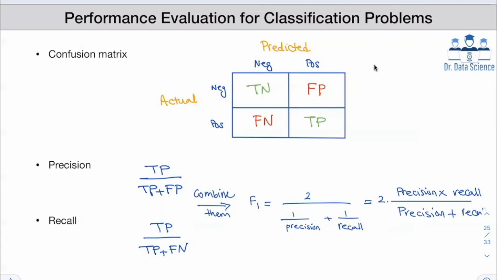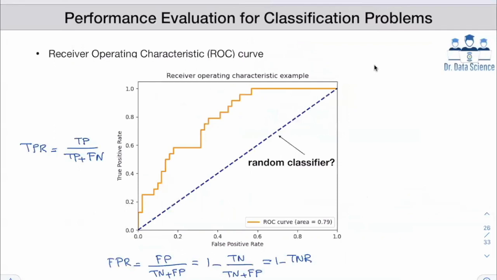So these are important ways to evaluate classification problems. There's also another one that is quite popular in machine learning exams known as the receiver operating characteristic, or for short, the ROC curve. What the ROC curve does, as you can see here, is plot the true positive rate versus the false positive rate for classifiers that have a threshold, right?